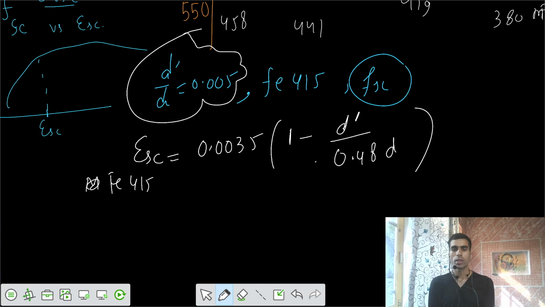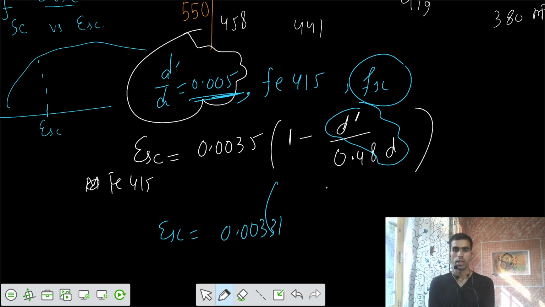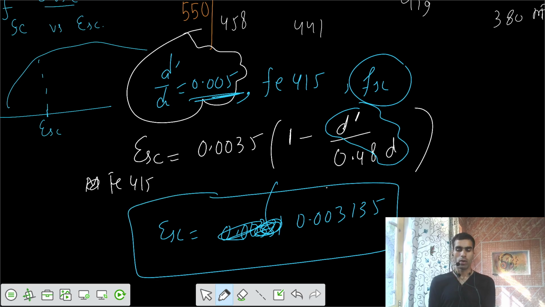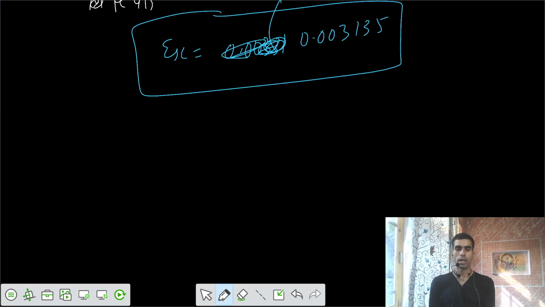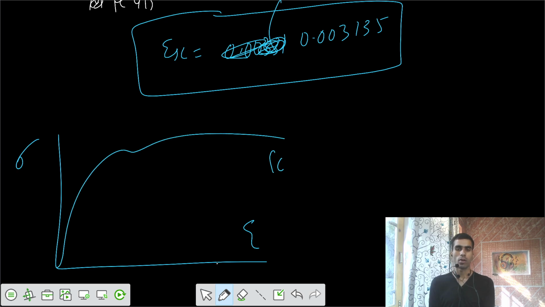When you substitute the value of d dash by d equal to 0.005, you get the strain in steel equal to 0.003135. That means we already know the stress strain curve for Fe415 for the compression test.